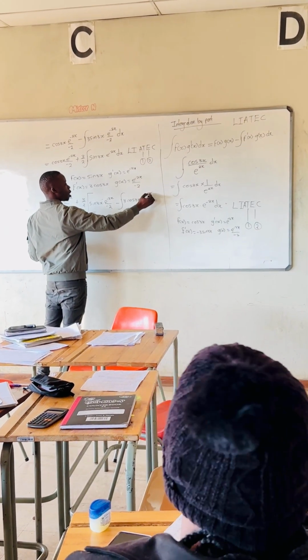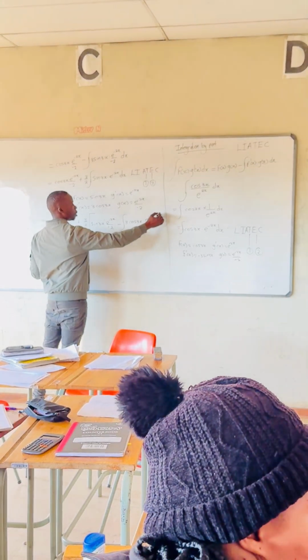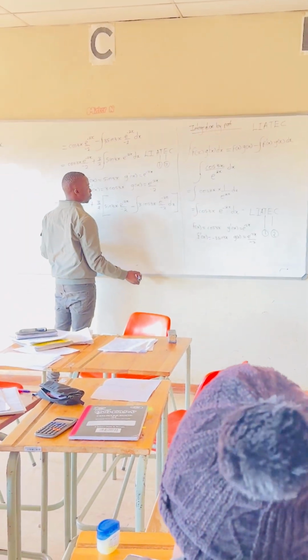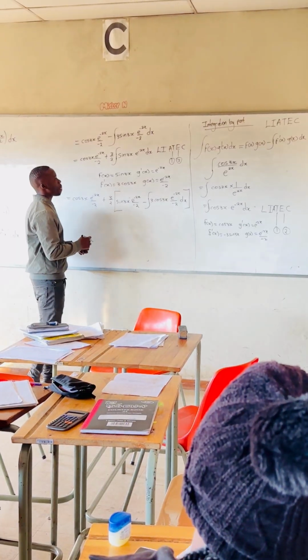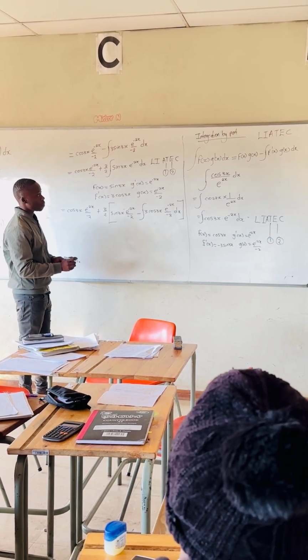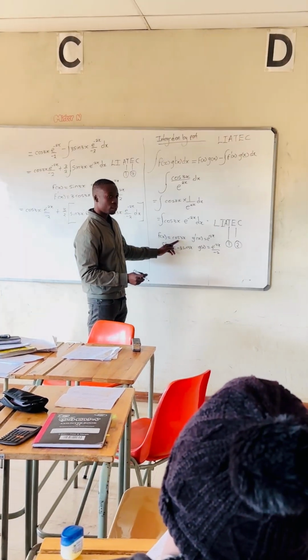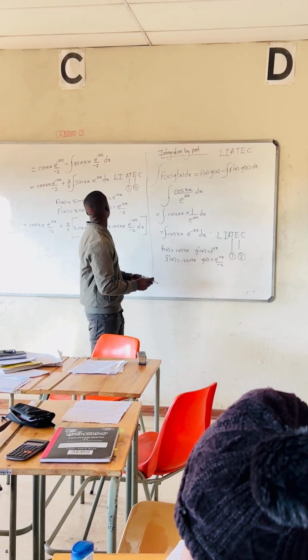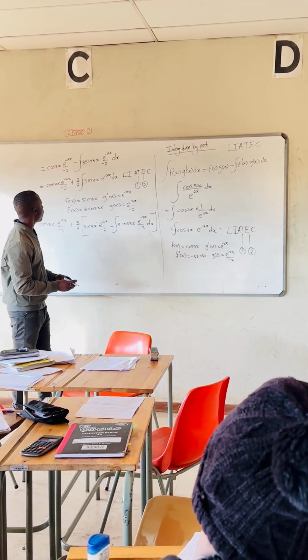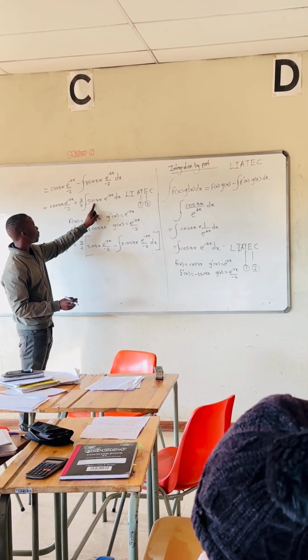So it's just to substitute straight into the formula. f of x will be negative 3 sine 3x.